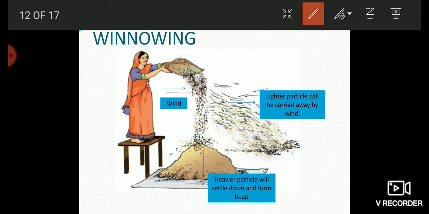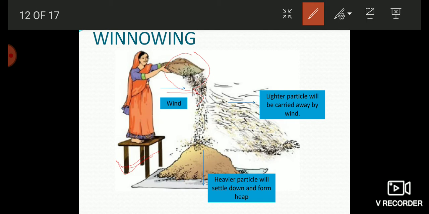She is standing on the raised platform, holding this container in a tilted position, and she is allowing these grains to fall down.